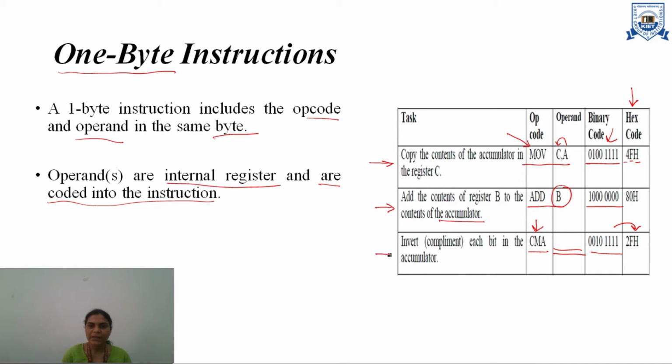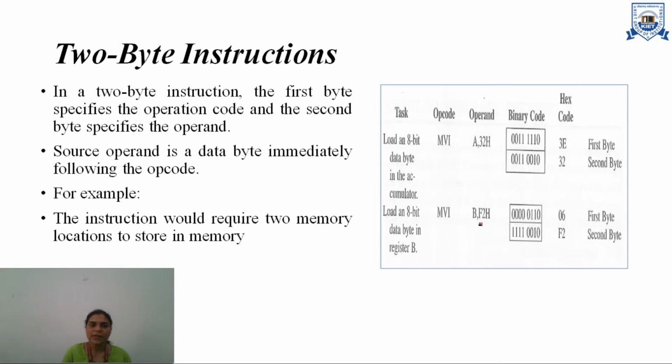And in the next example, the operand is implicit. So these are the examples of the 1-byte instruction format. Next, the 2-byte instruction format.